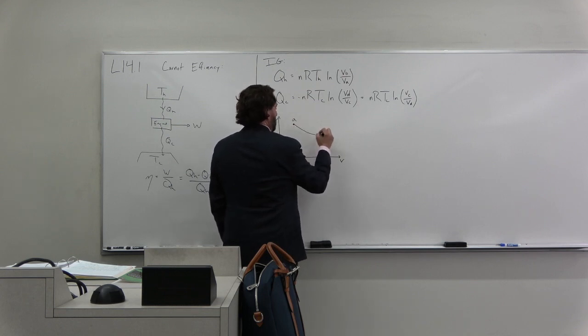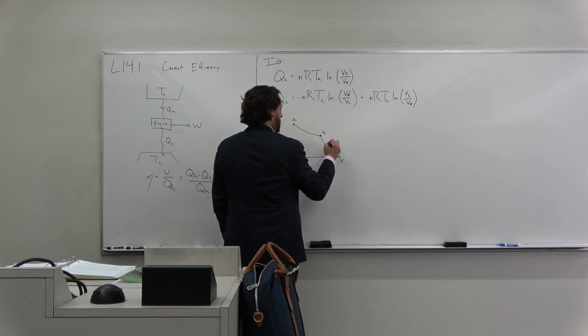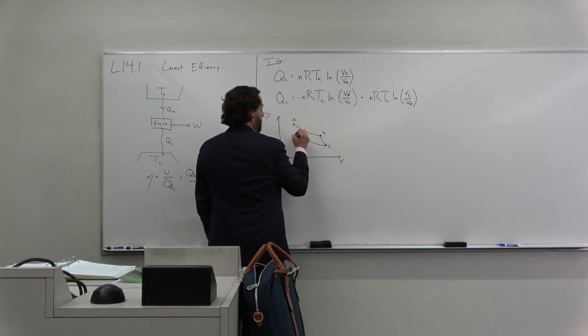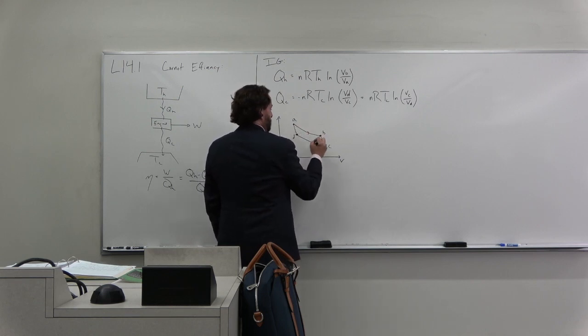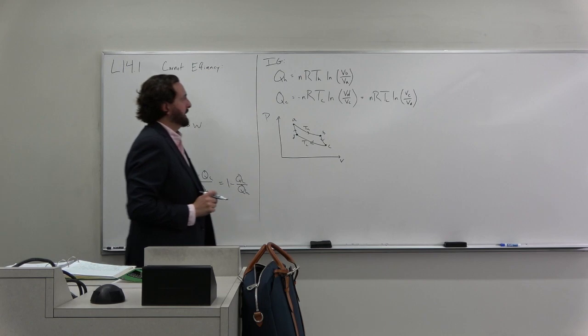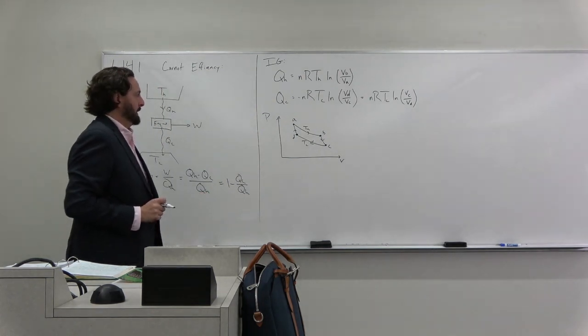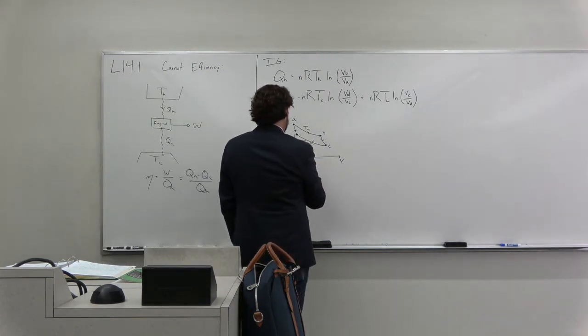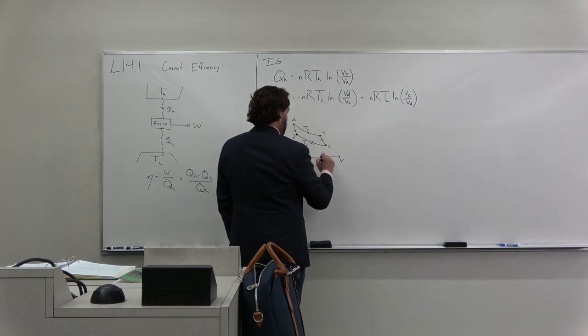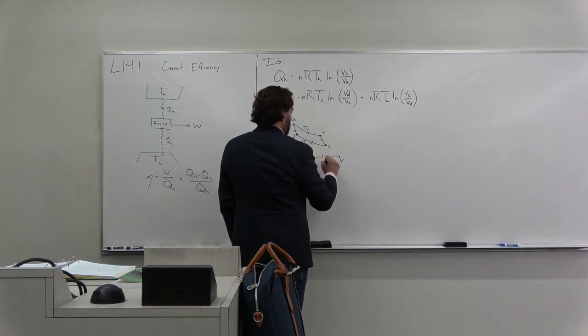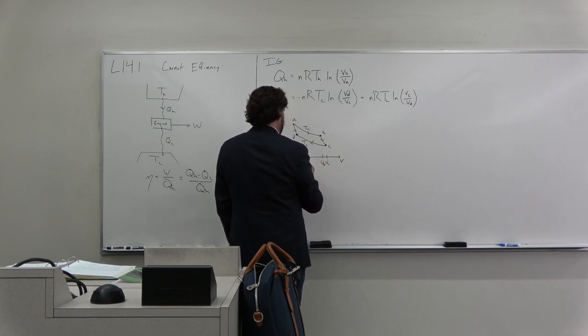We had an isotherm to state B, an adiabat to state C, an isotherm to state D, and an adiabat. So this was a TH and this was a TC. And these were our adiabats that connected them, all right? So this was VA, VB, VC, and VD.